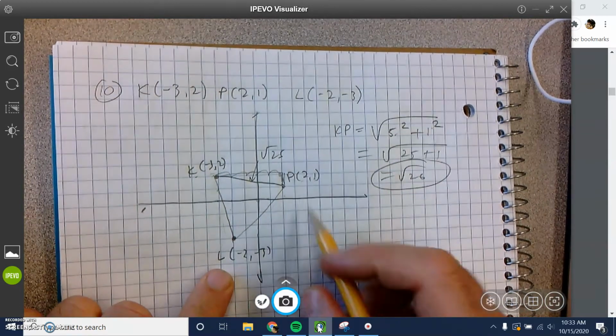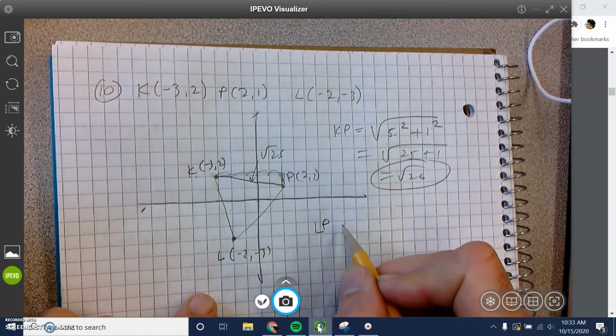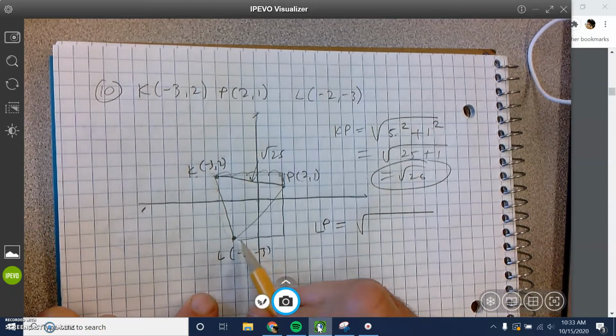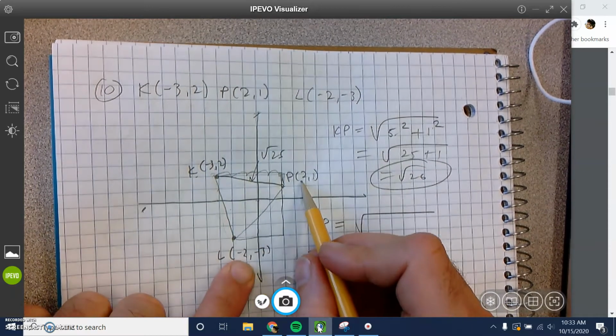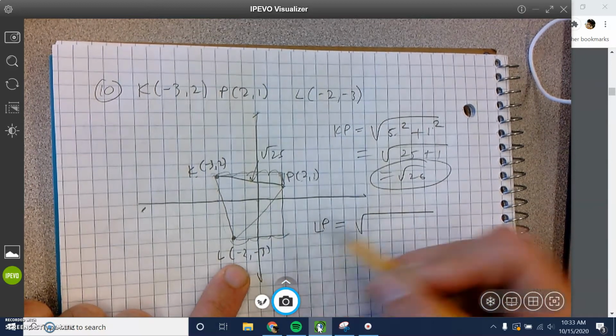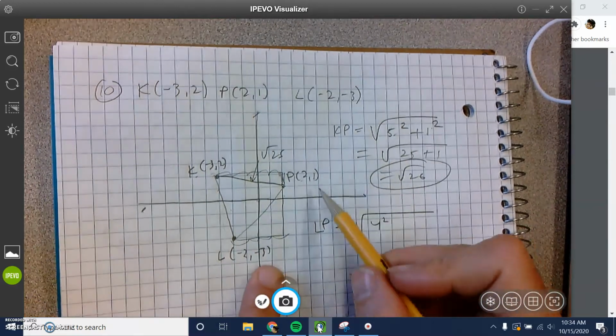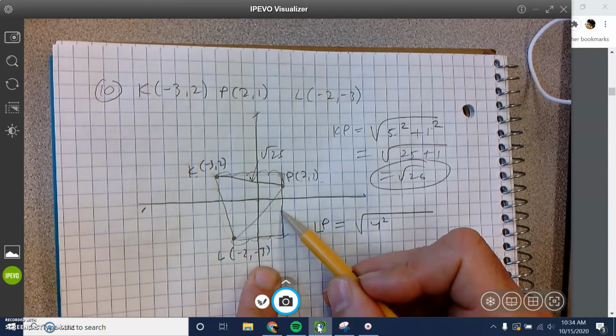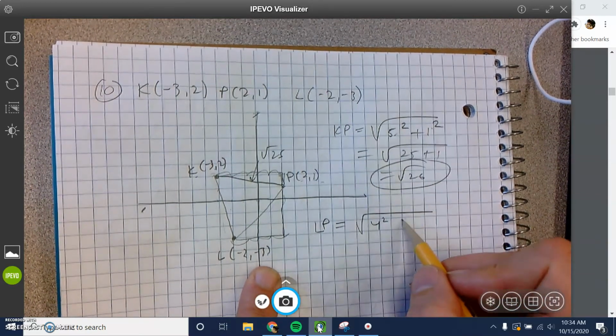Okay, now P to L, or LP, is the square root of. Let's see. So that would be negative 2 to 2. That's the x's, right? So it's 1, 2, 3, 4 across. And the y's, negative 3 to 1, is how many spaces? 1, 2, 3, 4.